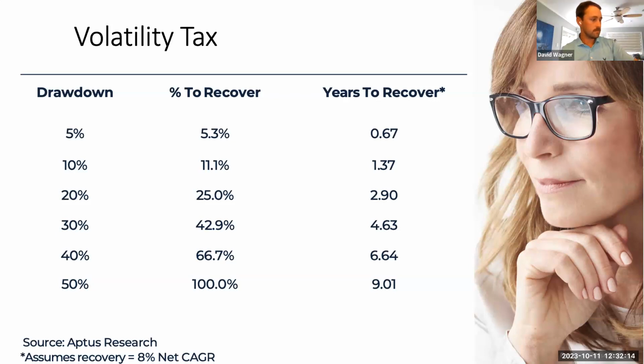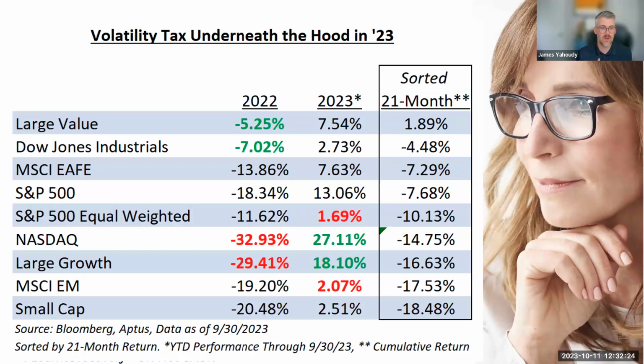But that obviously doesn't go into what we're talking about as it relates to the volatility tax. And this slide hopefully illustrates that, with value actually being the leader in the clubhouse among a number of different benchmarks that you guys are invested in some form or fashion.